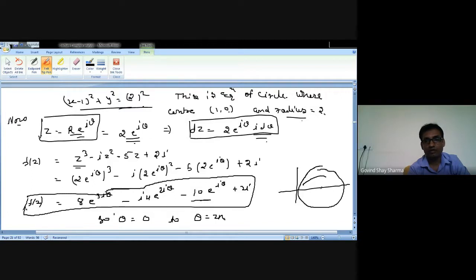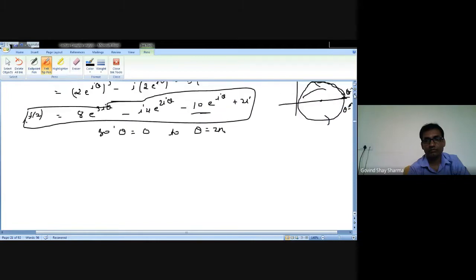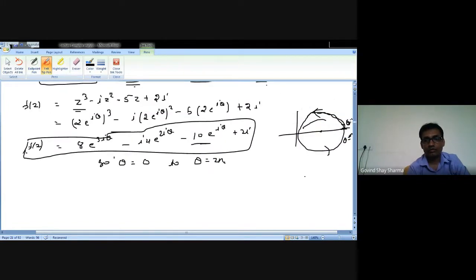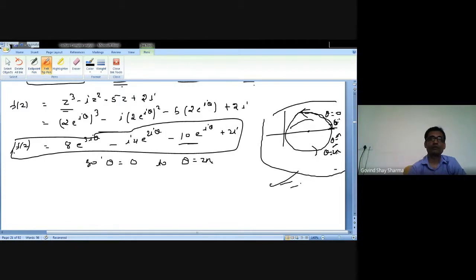At this point theta is equal to 0, and when we move around the circle, theta goes up to 2 pi. So integrating with respect to theta, we will get the result.